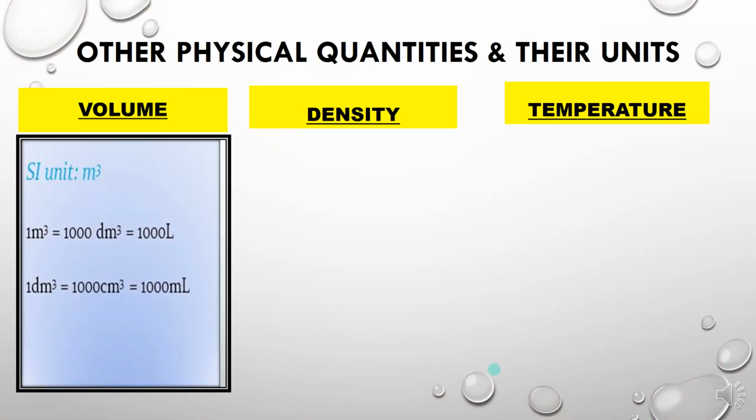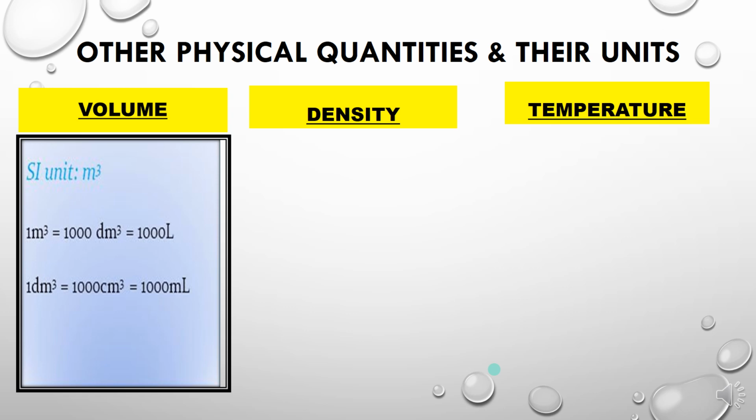First is volume. Volume, as you can say, is side multiplied by side multiplied by side, that is length, breadth and height. When they multiply together, it gives the measure of the volume of a particular object. As 3 sides are multiplied there, you can say that the SI unit of volume is meter cube.